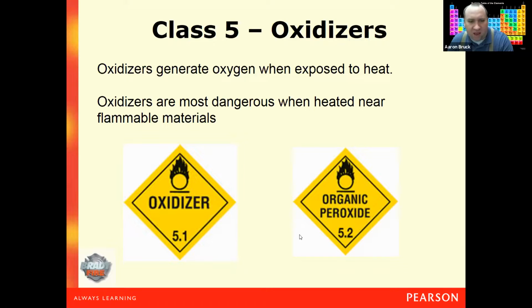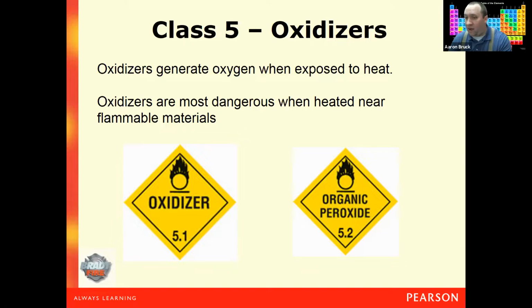There are two subclasses. The oxidizers themselves are just general kinds of oxidizers that will feed a fire. Organic peroxides are actually a little bit more dangerous because they're kind of like spontaneously combustible in a sense. Their oxidation power as they break down and decompose actually can create their own fuel.